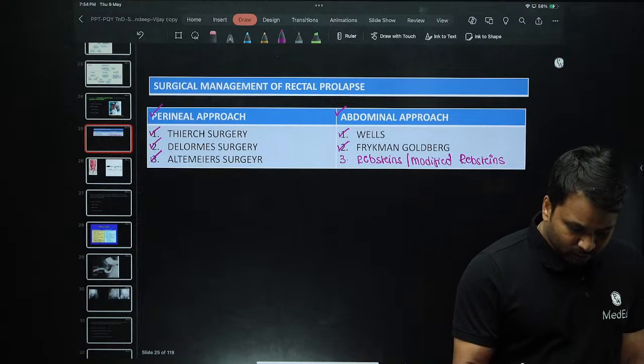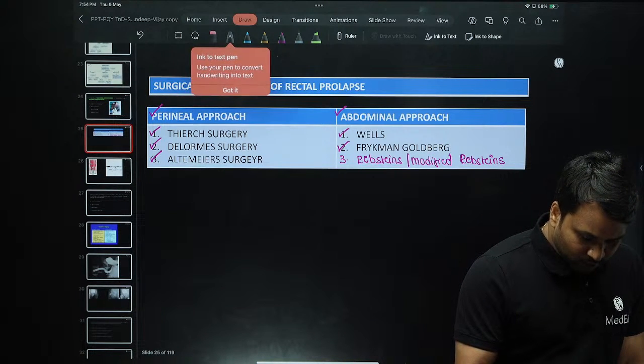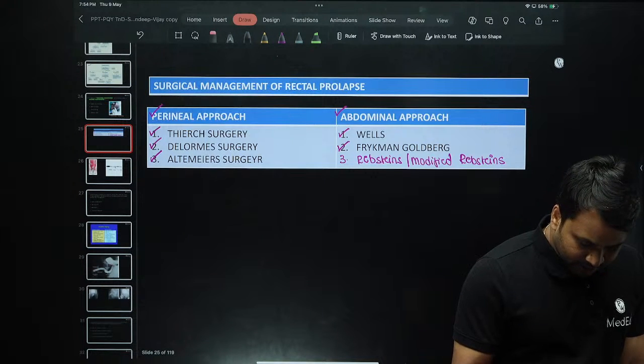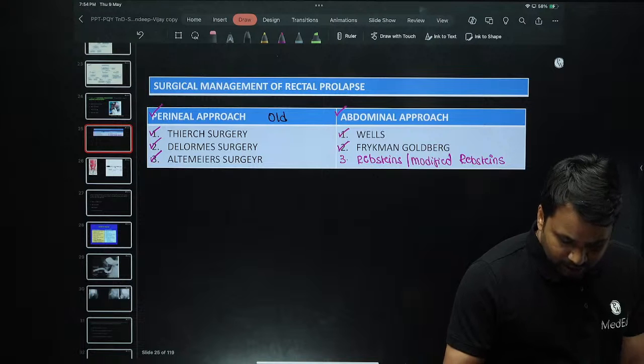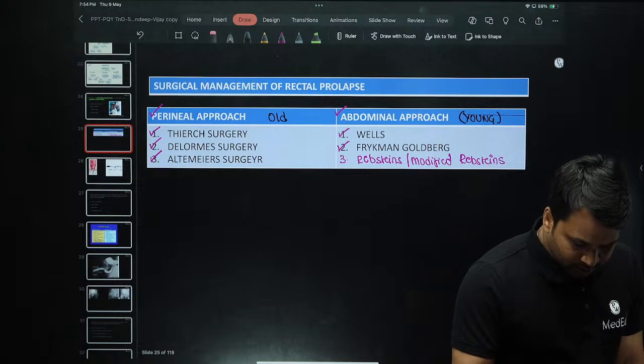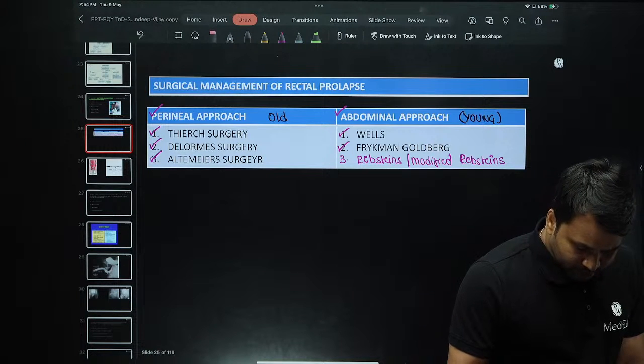Now remember, the perineal approach is usually preferred in old patients. The abdominal approach will be preferred in young patients.